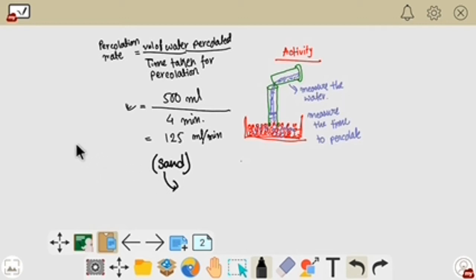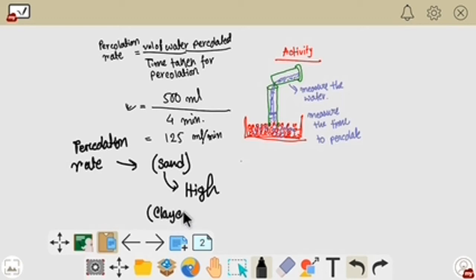Now as sand is very loose and has very large particles, that means many tiny holes are present in the sand. That is why water can easily pass through it. That is why the percolation rate of sand is very high, because a large amount of water can pass through this sand in a short time. But clay is soft, isn't it?